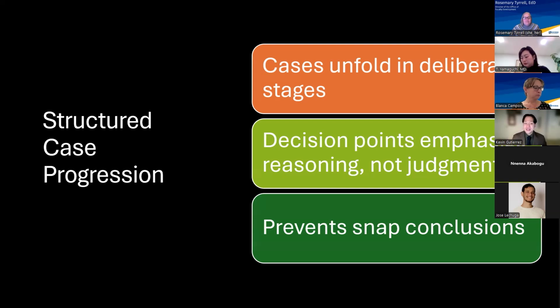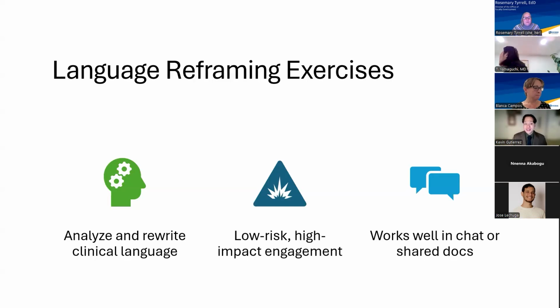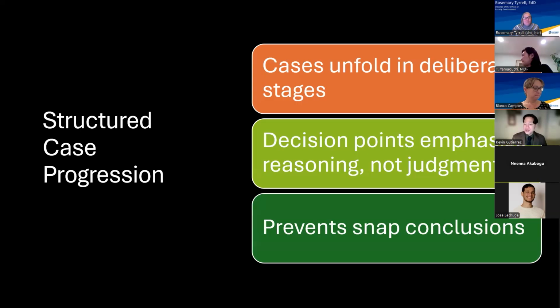And so what we don't want is snap conclusions, which often tends to happen, I think, more in clinical modeling when we're on the floors with trainees, which is just we're busy, so we want to just say, just learn what I'm doing. This is what I do. You see this, you do this.